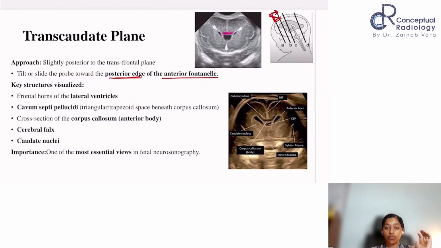This is the corpus callosum. The falx is seen very clearly, and as the name goes of this plane, transcaudate plane, you will see the caudate nuclei on either side, inferolateral to the frontal horn. These are the basic structures that should be clearly seen.